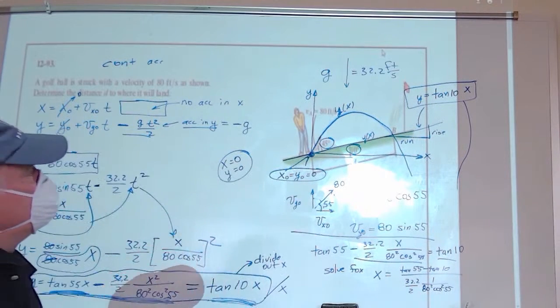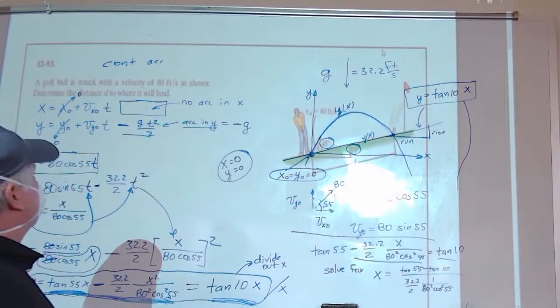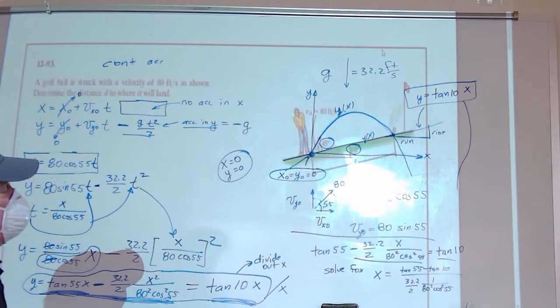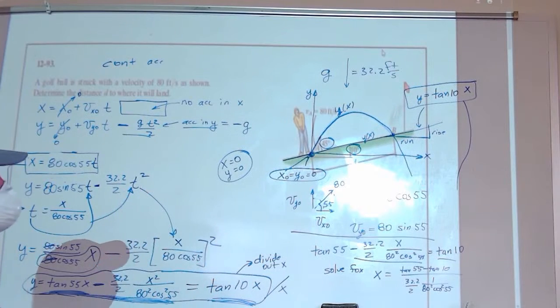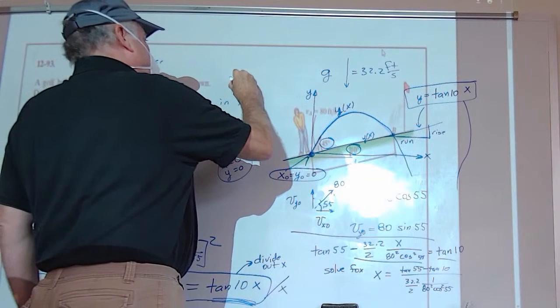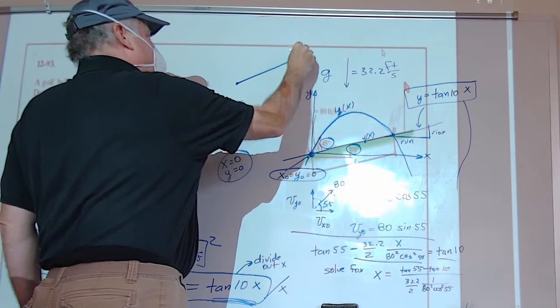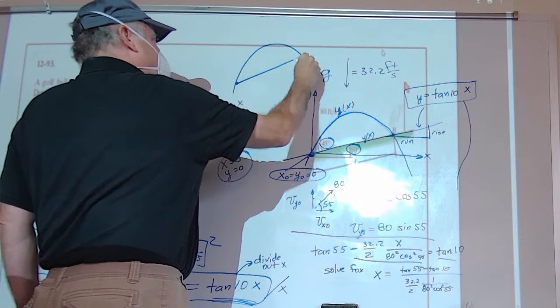And that should give you this point right here. Now, that'll give you the x. It won't give you the distance. So in other words, it looks like that.